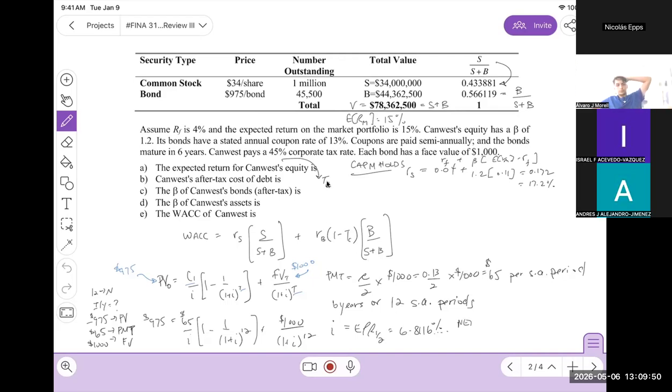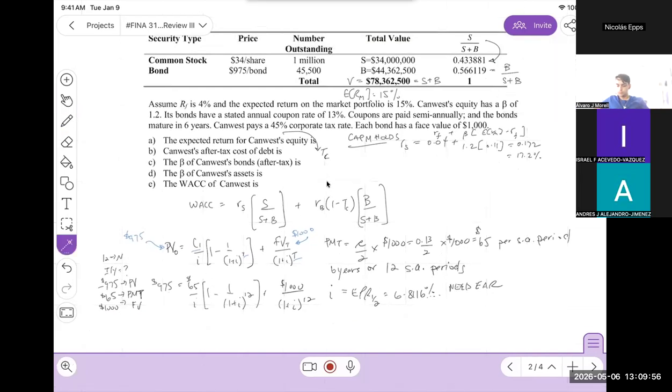Then you convert it. You need the effective annual version for the formula of WACC. So RB, you have to know what that means. It's effective annual. So we take 1 plus EPR 1/2 squared minus 1, which gives us EAR. So EAR is equal to RB. What do you get?